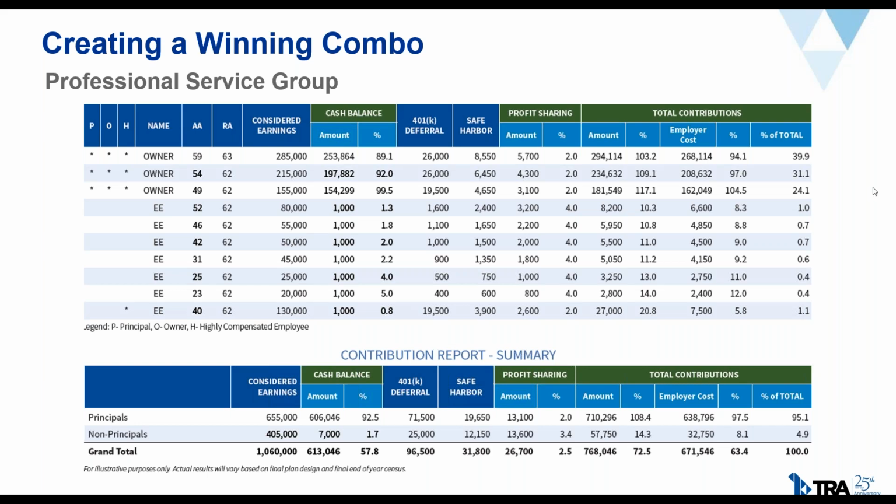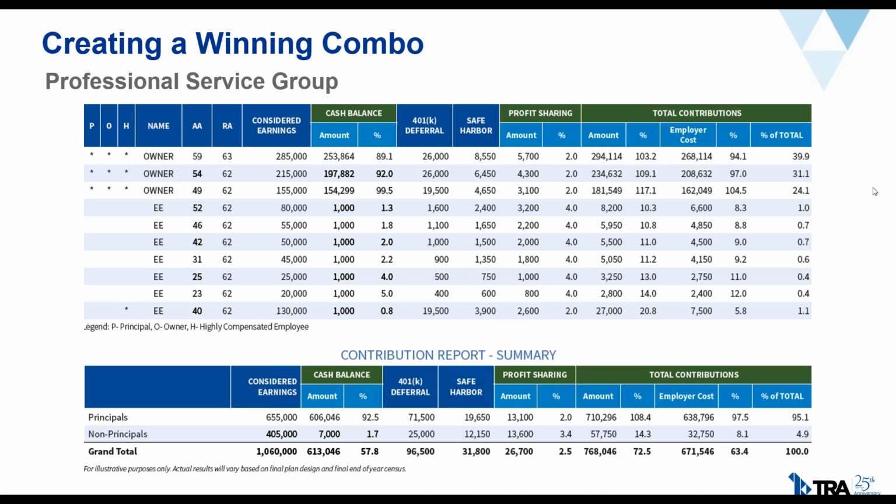So in fact, this group was a client of our firm. We helped implement the plan before we were acquired by TRA, and we approached them in October, and they were disappointed because they had just paid out third quarter bonuses to the owners, and the funds were not available within the business to make the tax deductible contribution.